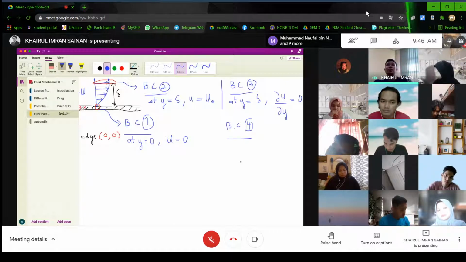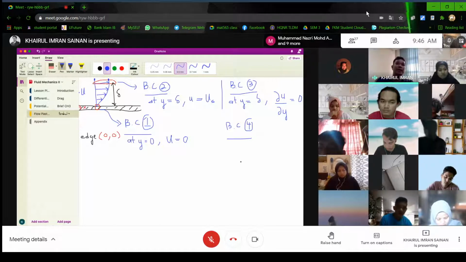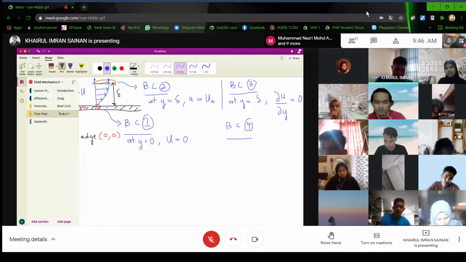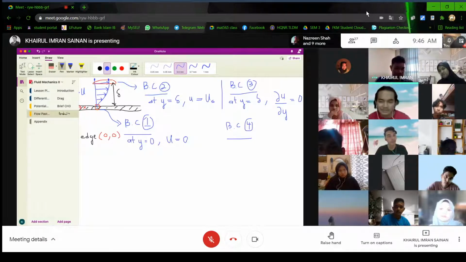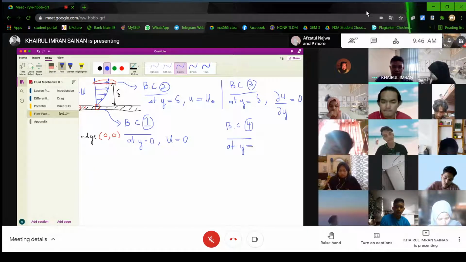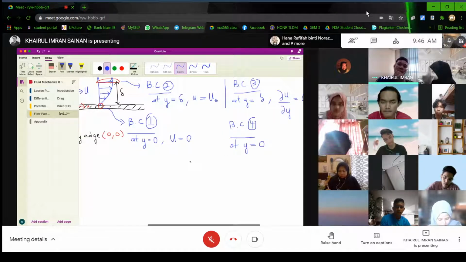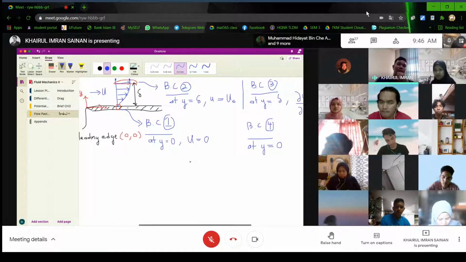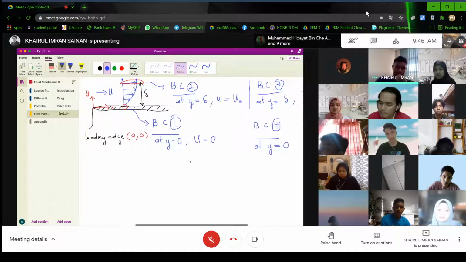For BC number 4, I'm going to apply it here on top of the plate, at y equals 0. Now we talk about shear.